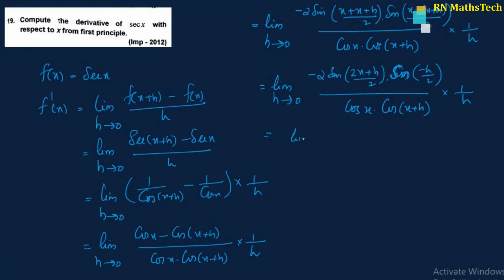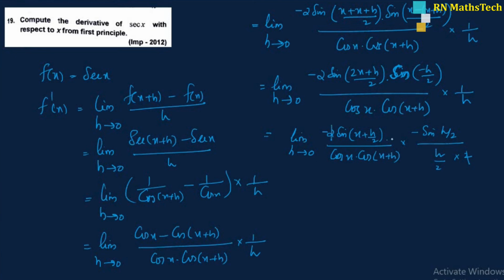Okay, so limit h tends to 0 minus 2 sine of x plus h by 2 divided by cos x into cos of x plus h into the sine of negative h by 2, which is minus sine h by 2, here by h into 1 by h. Okay, so here by 2 into 2, these 2 get cancelled.